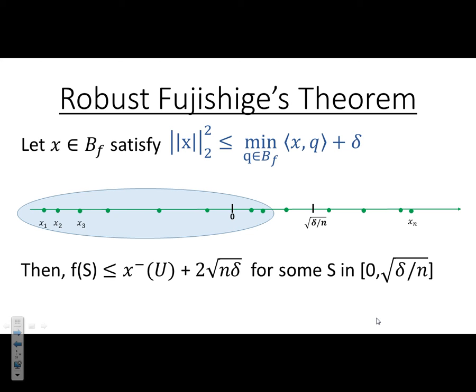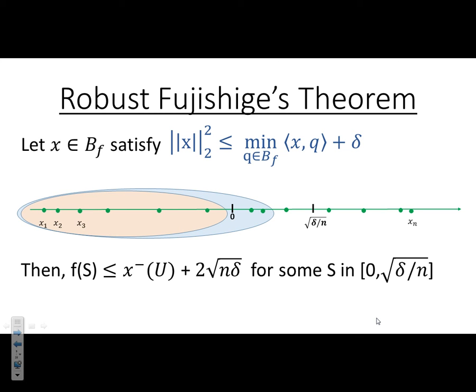So if delta were 0, in which case x would be x star, the minimum norm point, then I will get the optimum submodular function value with a proof that it is the optimum. And this is just a robust version which says if you come delta close, I have an extra root n delta additive. Okay? So this cartoon basically says that the set that you find, you don't cap at 0 anymore, but you go a little more and find one of these level sets.